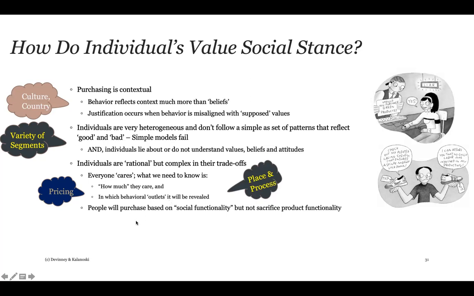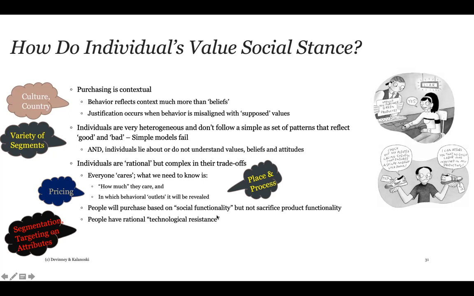People will purchase on social functionality. The data shows that, but they won't sacrifice product functionality, and the premium they will pay is not necessarily very large. And people tend to have rational technological resistance, in the sense that radical changes in the product propositions don't necessarily work for them. But consumers do exist who will act on beliefs given the context, though they tend to operate in niches.